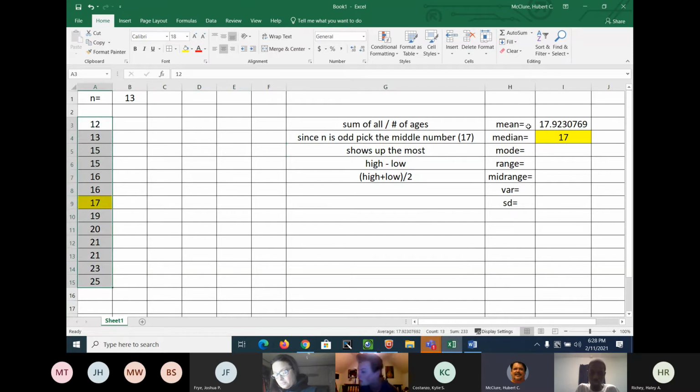So take your calculators right now and add all of these up and divide by 13, and you should get that number right there. I'm going to highlight that green. Give everybody a second to add up all those numbers and divide by 13.